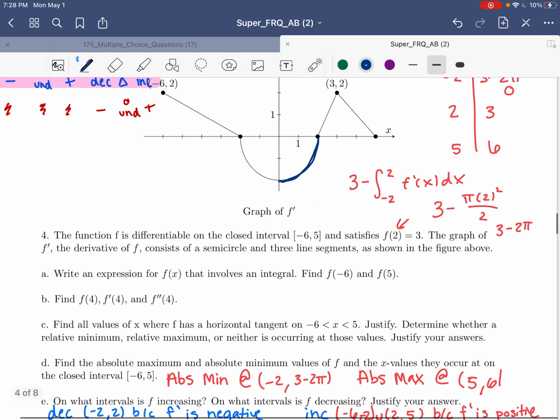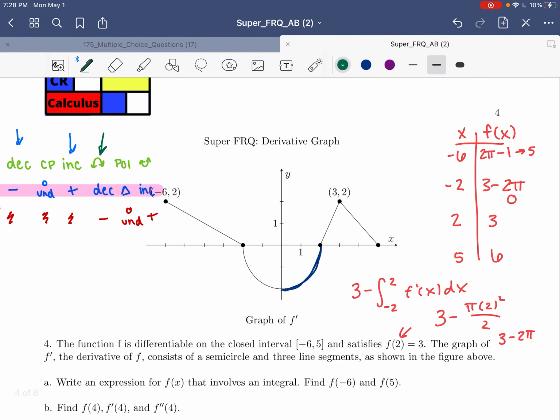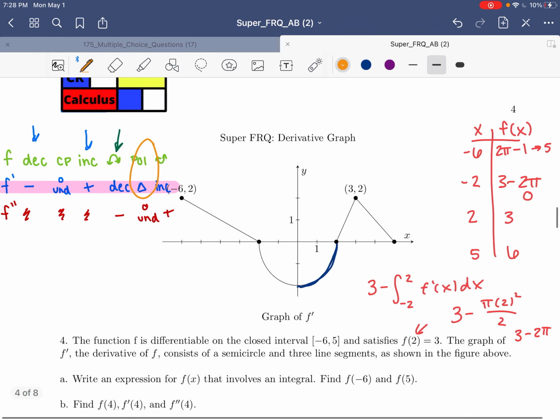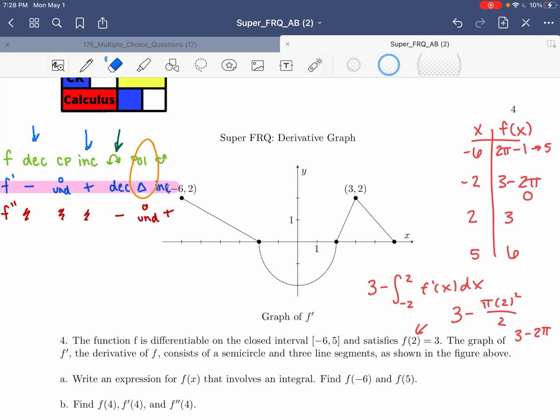Okay, then it wants to know where it has a point of inflection. So let's go back to our chart. Point of inflection comes from when f prime changes from decreasing to increasing or increasing to decreasing. Looking at this, it's decreasing, decreasing, decreasing. It only starts to increase right here at x equals 0.